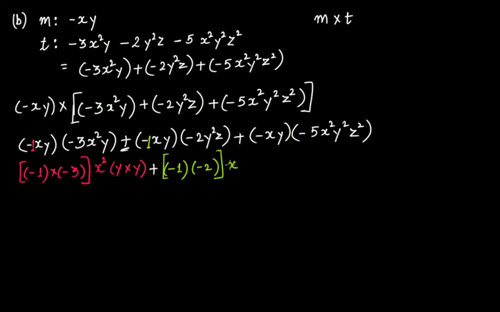We always group the similar variables together and multiply. So in this case, you have y multiplied by y squared, and then you have z multiplied by z. Then this plus sign here. Now you have minus 1xy, so minus 1 multiplied by minus 5.